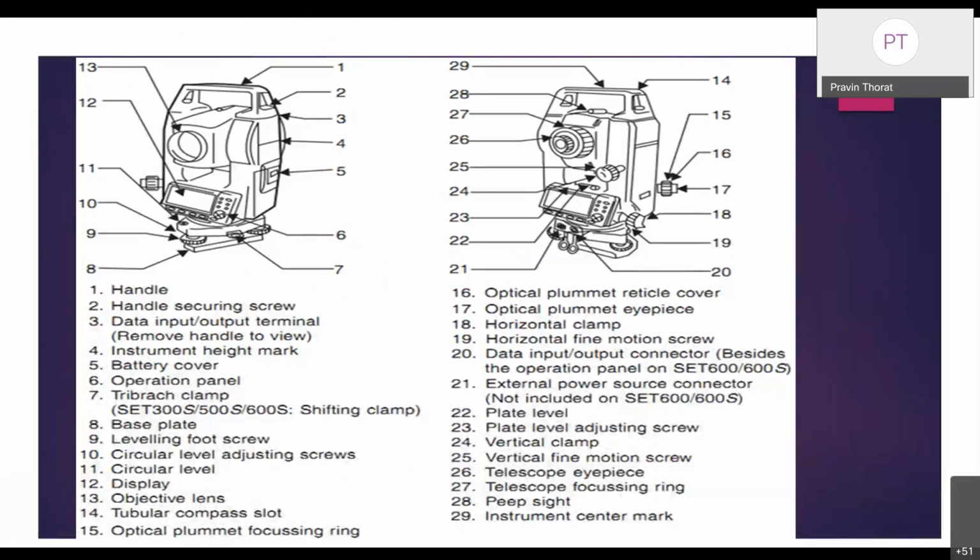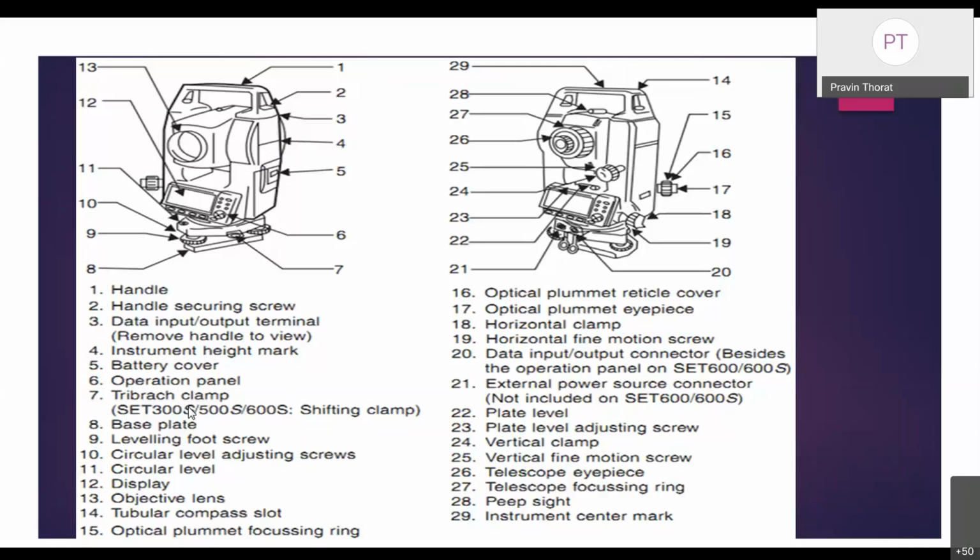So in this video, we understand the various component parts provided in a total station. Some total stations have fewer component parts. In some total stations, they provide each and every component part. Handle, I told you in a video, handle securing screw, data input output terminals, instrument height marks. Instrument height marks are provided at this line, at the center of the vertical circle.